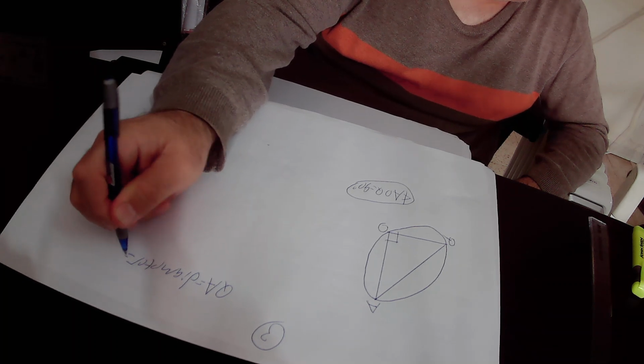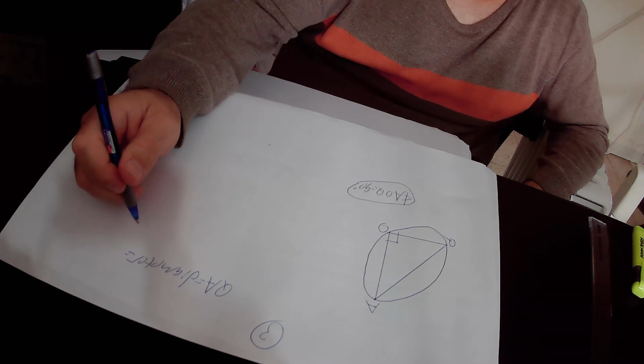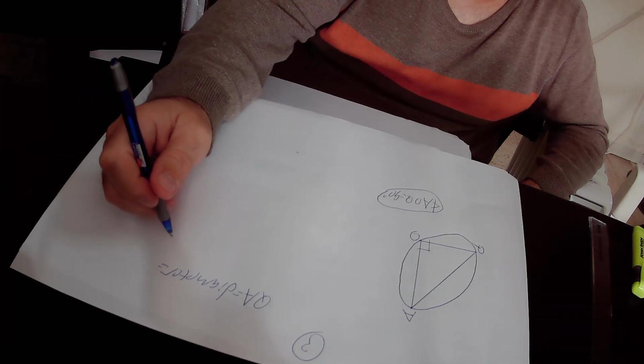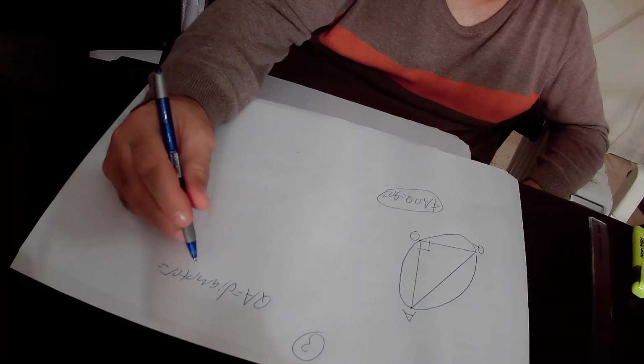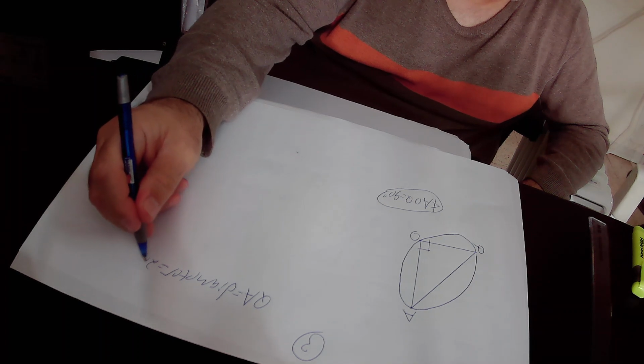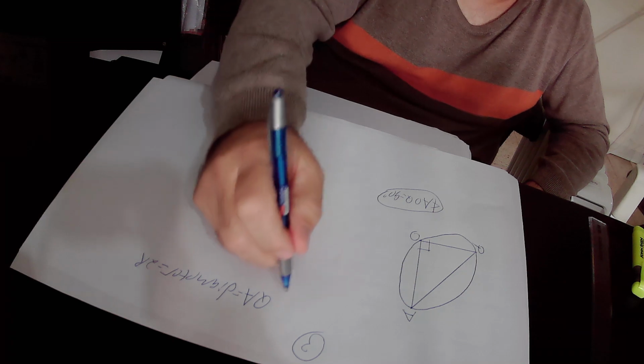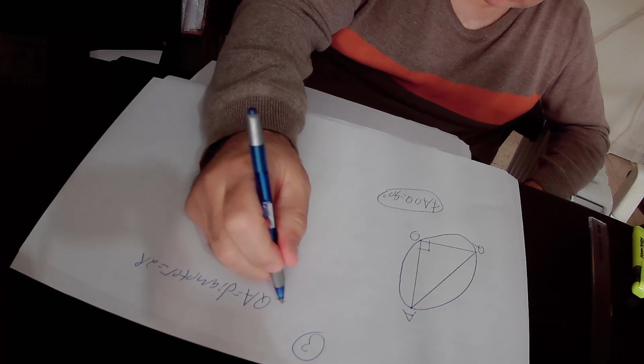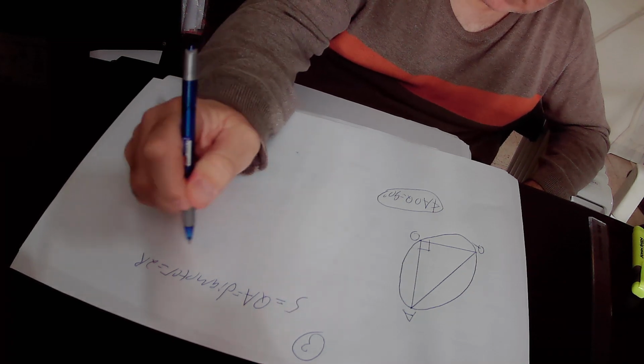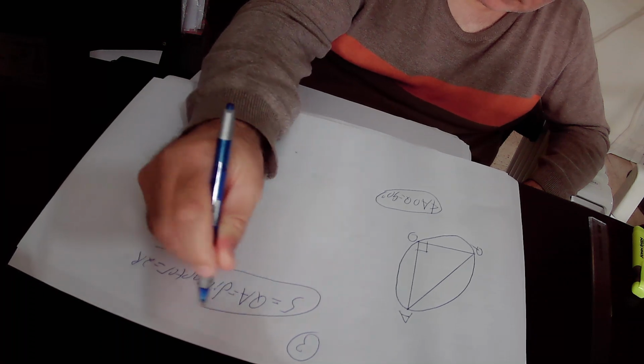And we also know that the diameter of any circle is 2 times the radius. So the diameter of our circle will be 2 times r. From the other side, it is given that QA equals 5 units in its length.